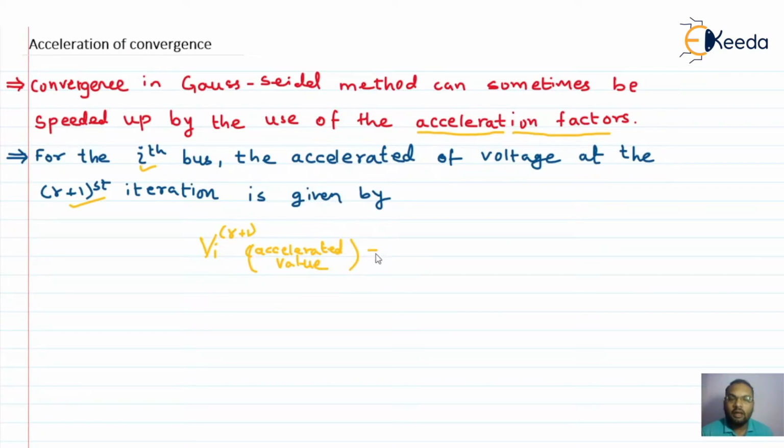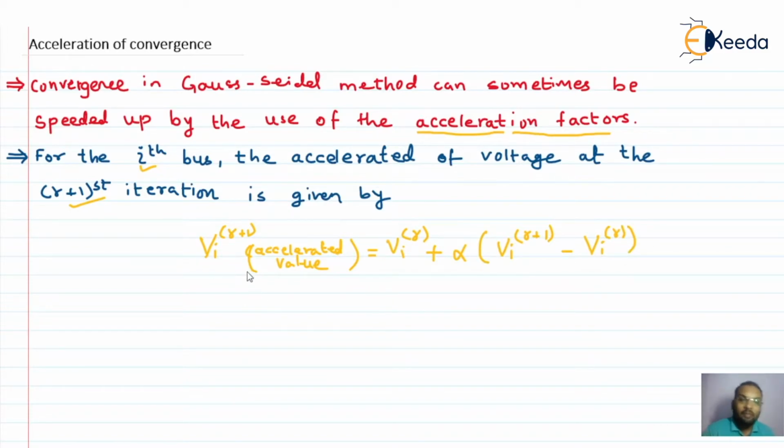It is given as the voltage at the ith bus in the previous iteration, plus alpha times the voltage at the ith bus in the present iteration minus the voltage at the ith bus in the previous iteration.